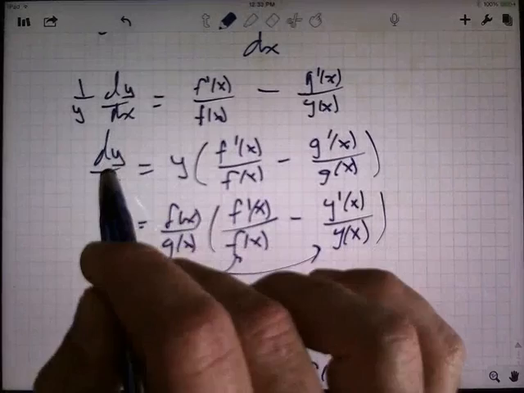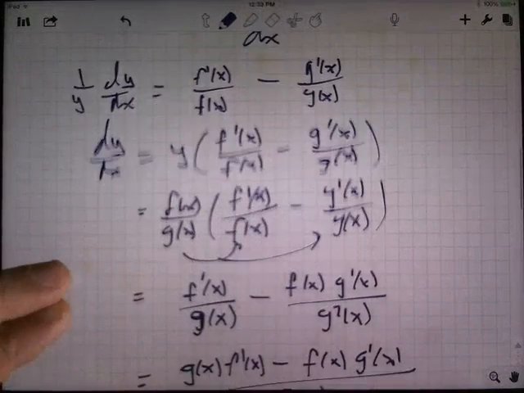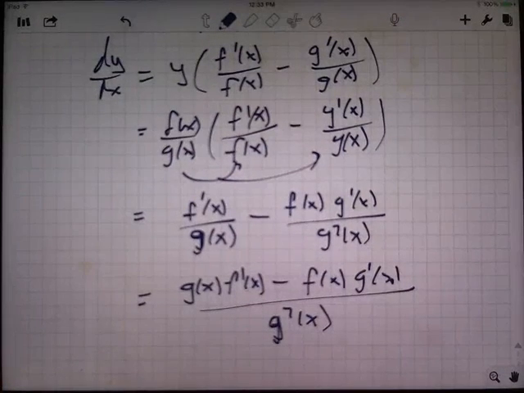Sorry, that is dy dx is equal to all this. And we get the quotient rule out of this. We got the product rule to start with, we get the quotient rule to finish. It should work that way because all this stuff works together. Okay? There you go.